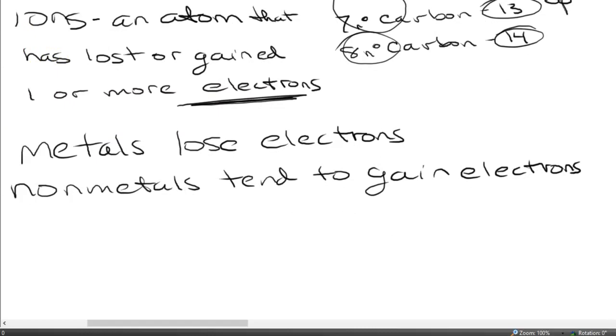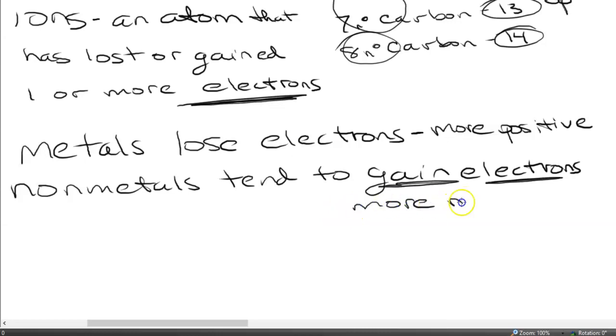So if you lose electrons, that means overall your charge is going to become more positive. If you gain electrons, because electrons are negatively charged, you're going to be gaining something negative, so your overall charge is going to become more negative. And I'll show you what that looks like right here.